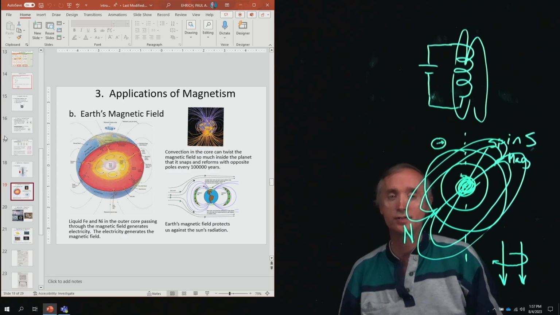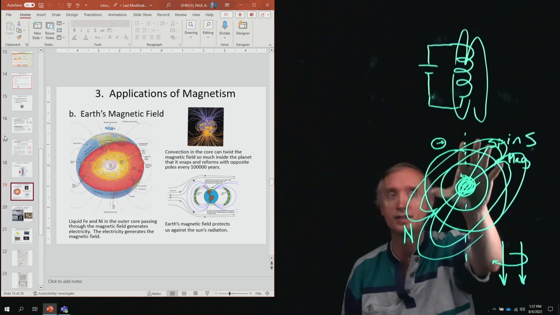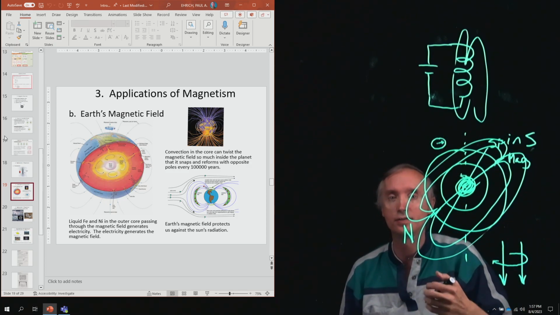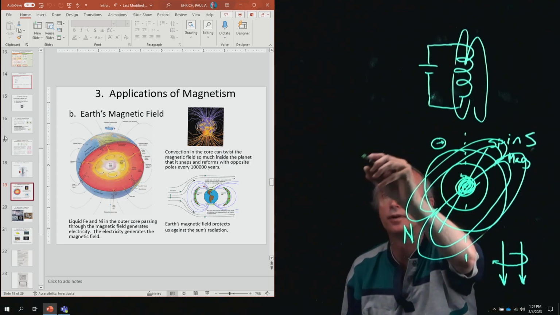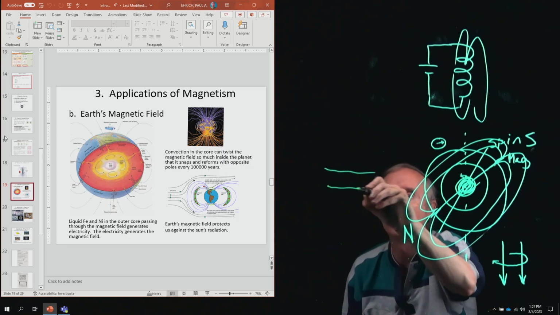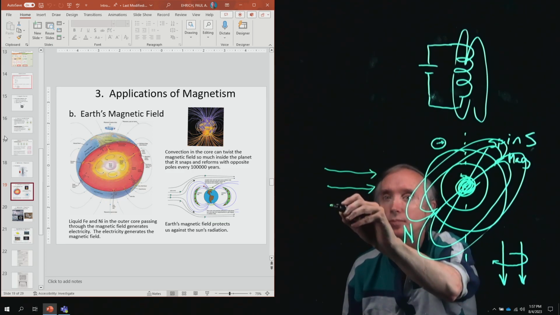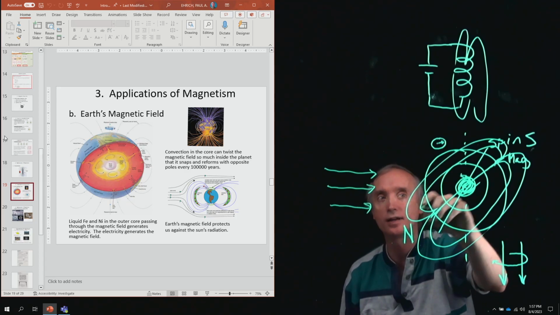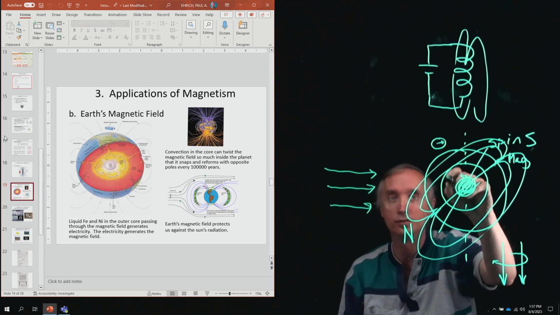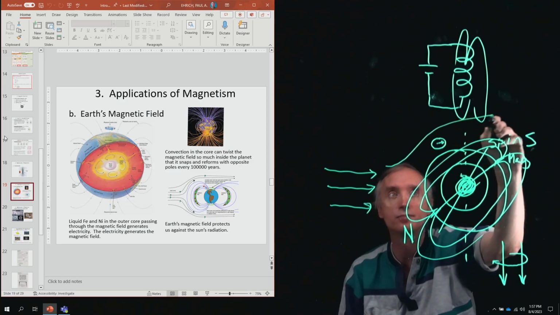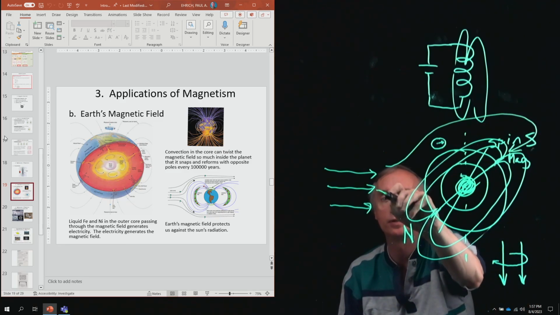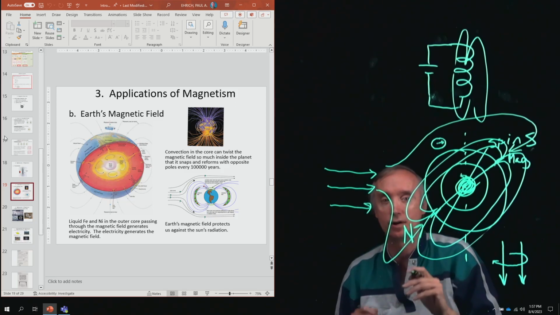And then another interesting thing about the magnetic field is it also affects the atmosphere of the Earth. And so it causes the sun's solar wind and particles coming from the sun to be deflected by Earth's magnetic field. And what happens is those particles come in on the northern part of the Earth and they come in on the southern part, and then that's the auroras.